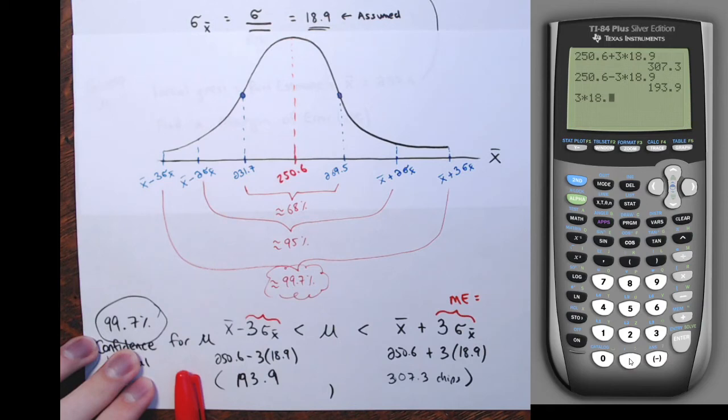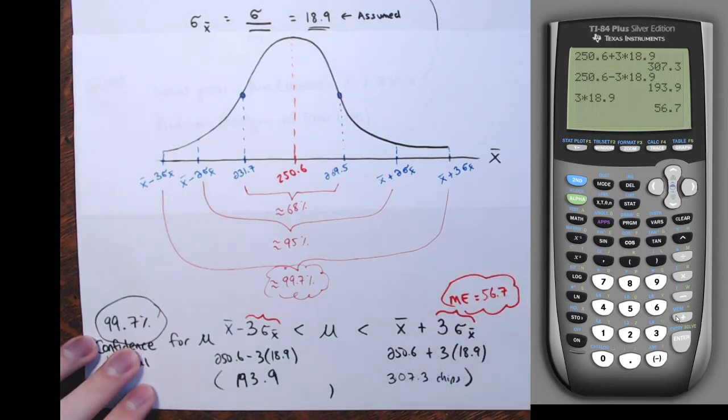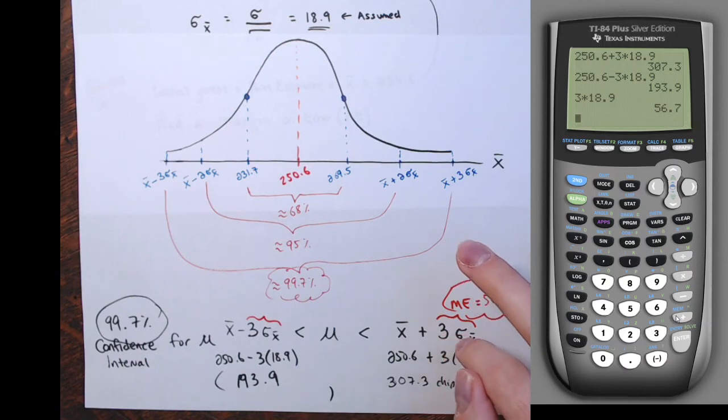That'd be 56.7. So if you were asked for the margin of error, it would be 56.7, because the middle is at 250.6, and you have 250.6 plus 56.7 for the upper bound, 250.6 minus 56.7 for the lower bound. But this 3 times the standard deviation is our margin of error.